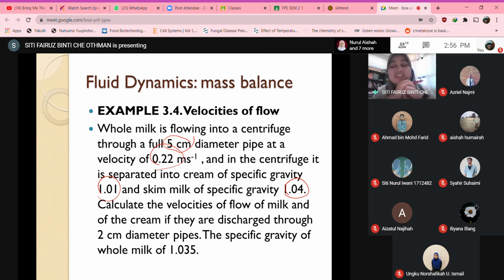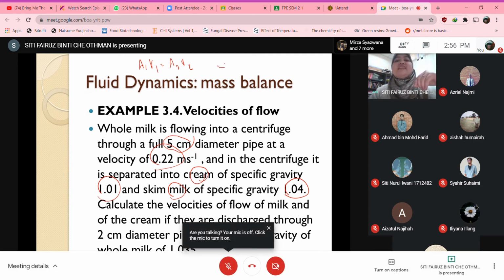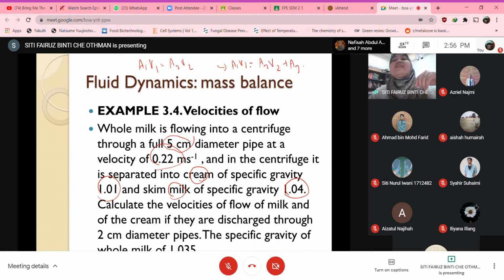So meaning, okay, this is not merely A1V1 equals to A2V2, sebab dia ada dua benda coming out, which is the skim milk and also cream. So meaning that A1V1 equals to A2V2 plus A3V3. Nampak tak? Dah start complicated.